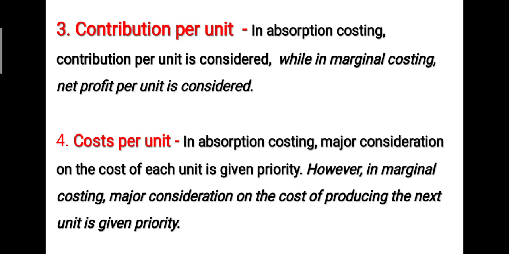In absorption costing, major consideration on the cost of each unit is given priority. However, in marginal costing, major consideration on the cost of producing the next unit is given priority.